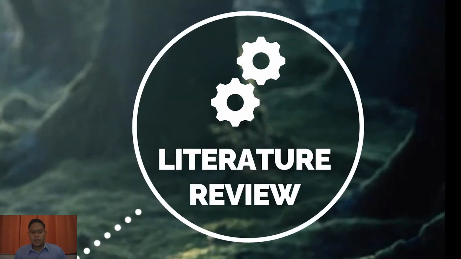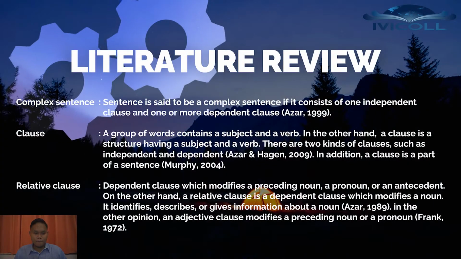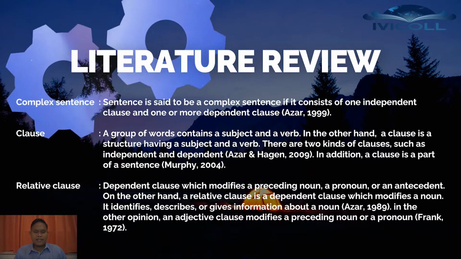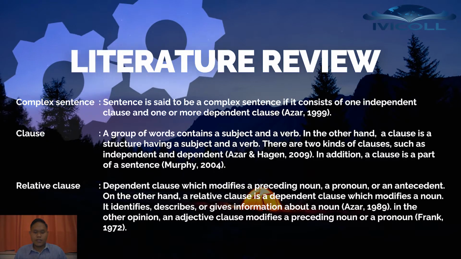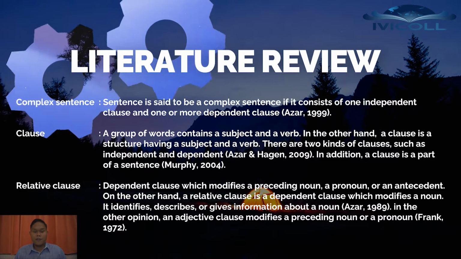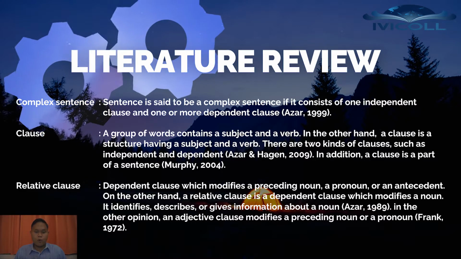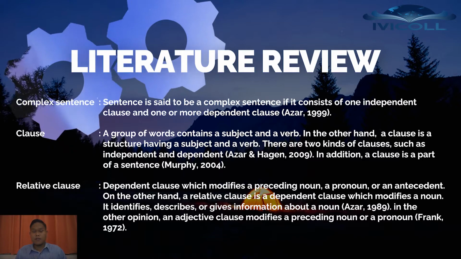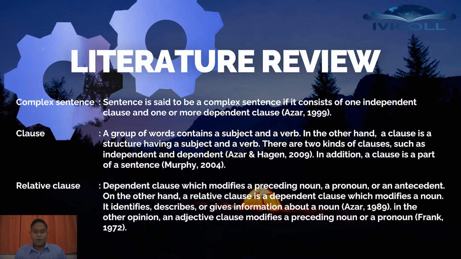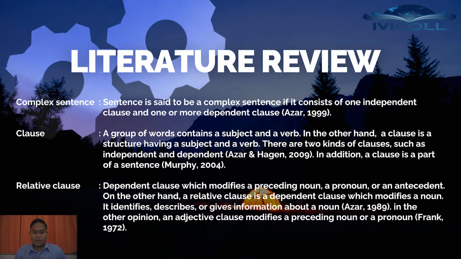The next one is literature review. A sentence is said to be a complex sentence if it consists of one independent clause and one or more dependent clauses, based on Azar 1999. Clause: a group of words containing a subject and a verb.